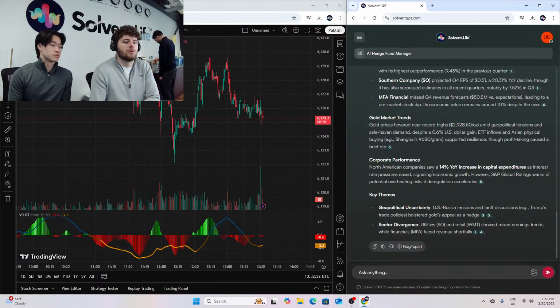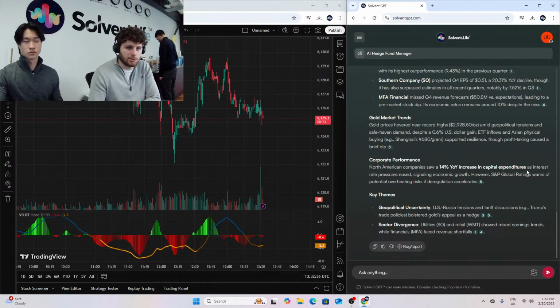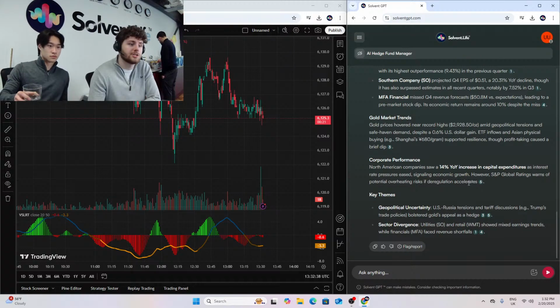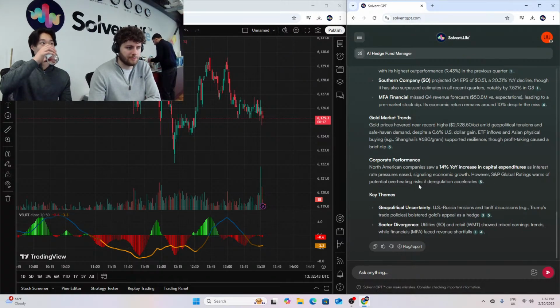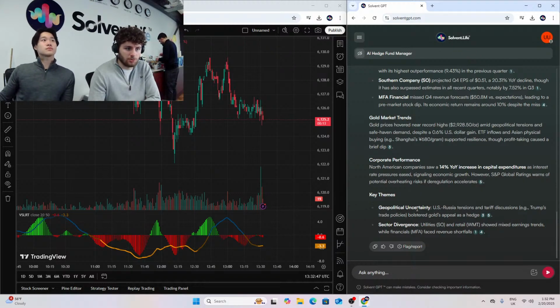Corporate performance. North American companies are seeing a 14% year-on-year increase in capital expenditures as interest rate pressures eased. Fantastic. Key themes for the day are geopolitical uncertainty and sector divergence. Okay, fantastic.